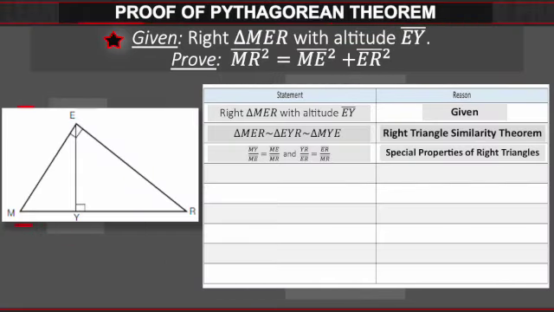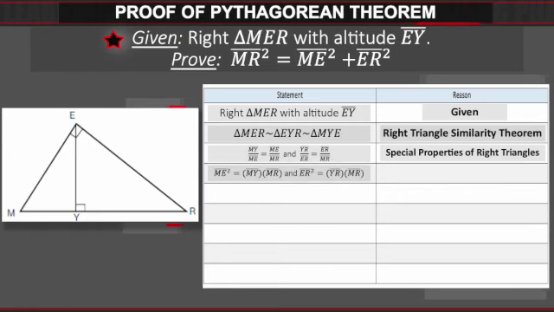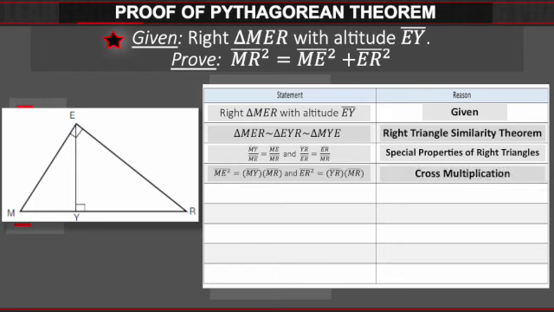Next statement: we can do cross multiplication based on our third statement. So ME squared, since ME times ME, equals MY times MR, and in the second similarity, ER squared equals YR times MR. That is cross multiplication.